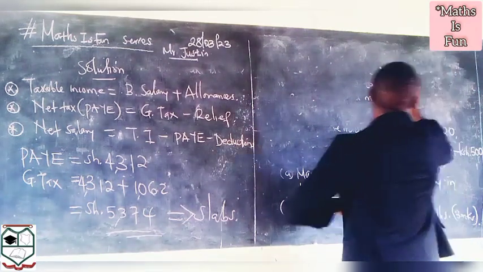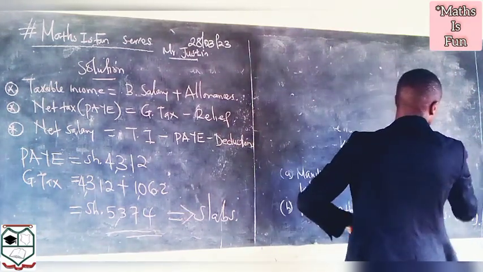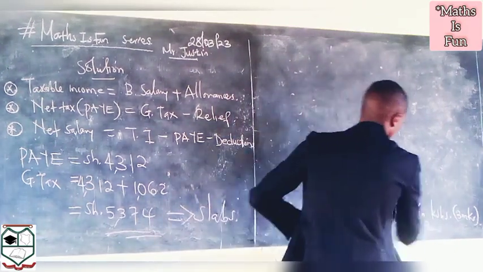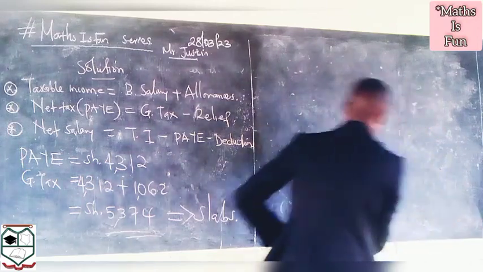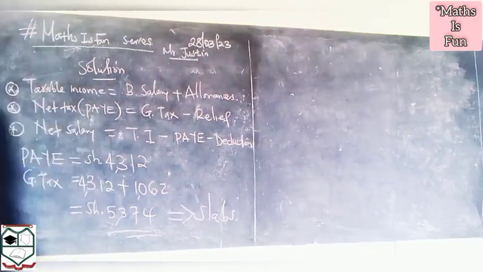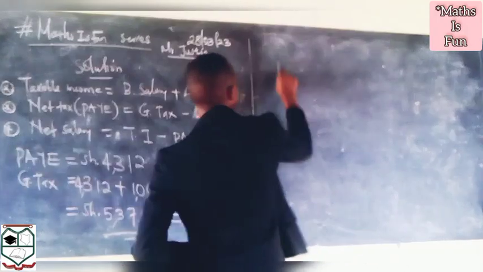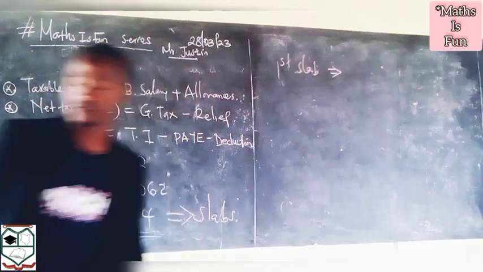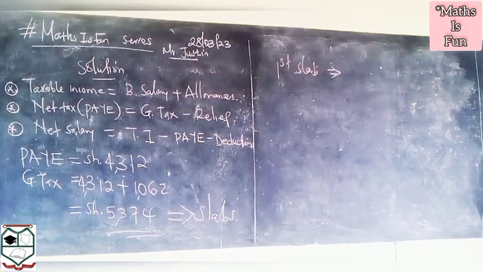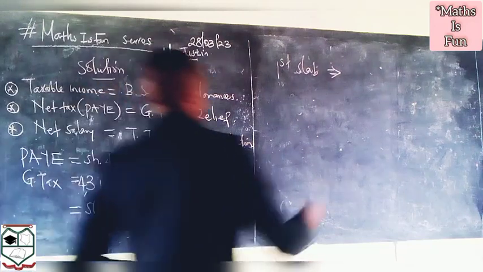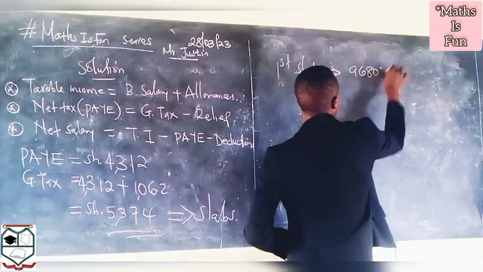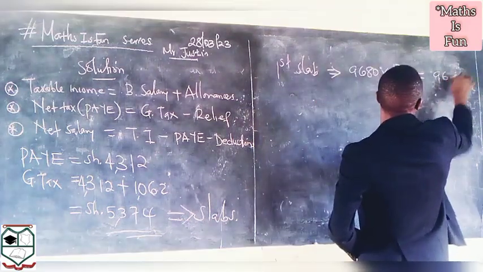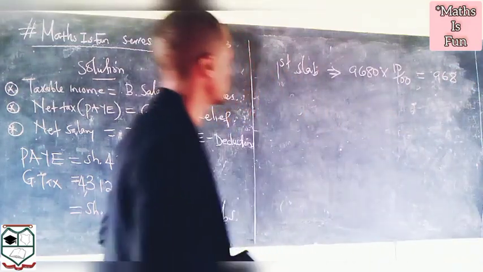Very fast to the slabs. In the first slab the difference is 9,608 times 10 over 100, you get 968 shillings.